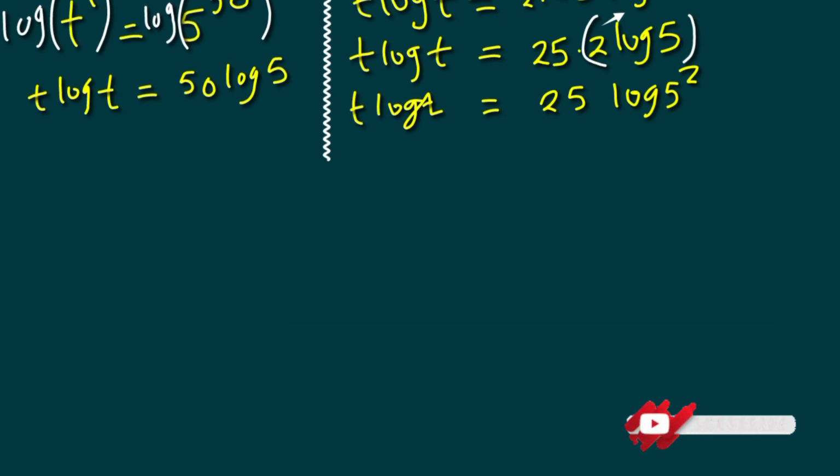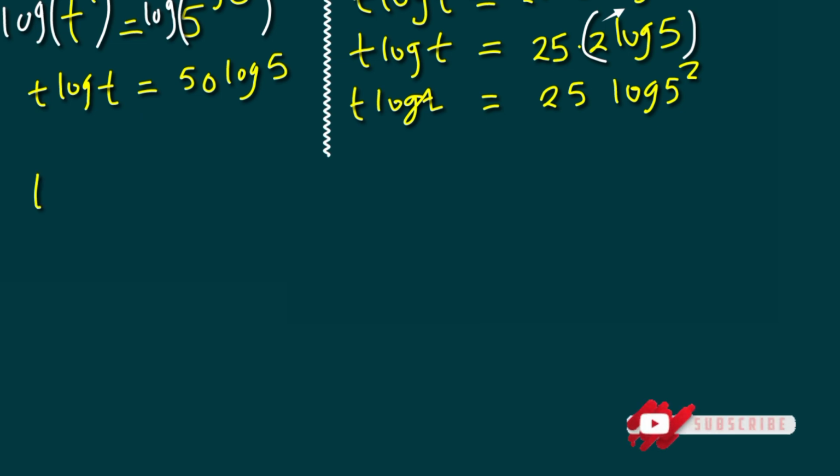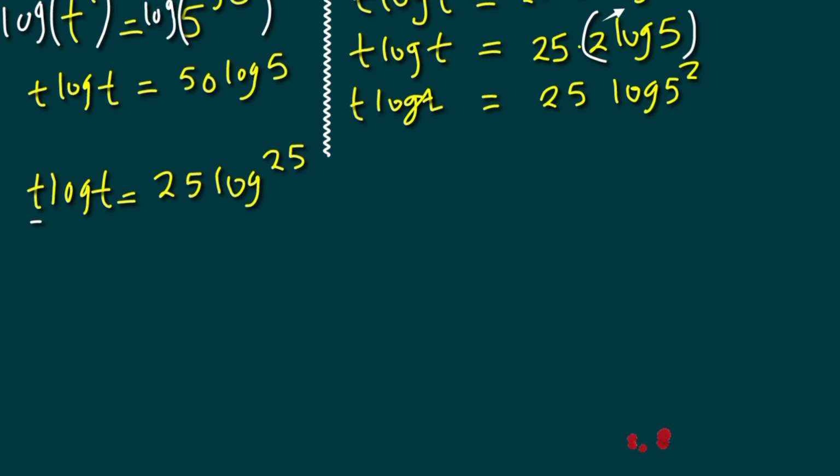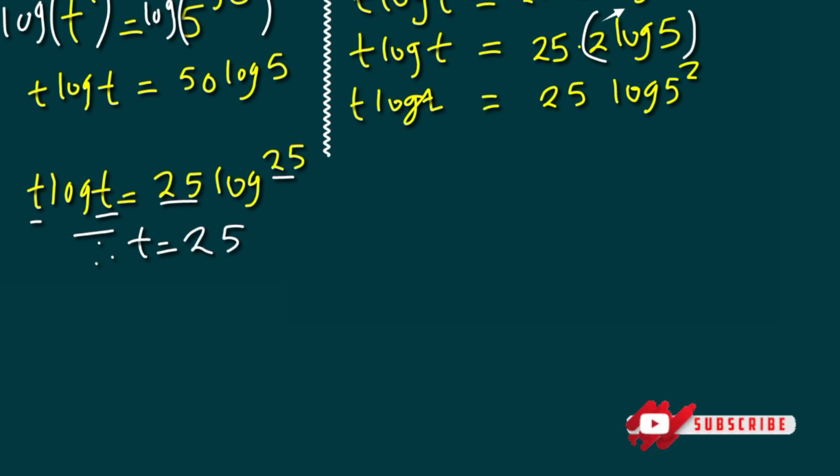And then we'll go further to simplify this, which leaves us with t log t to be equal to 25, and the log of 5 squared gives us 25. And then when we compare these two sides of the equation, we can therefore deduce that t equals 25. And now that's using the standard logarithm method.